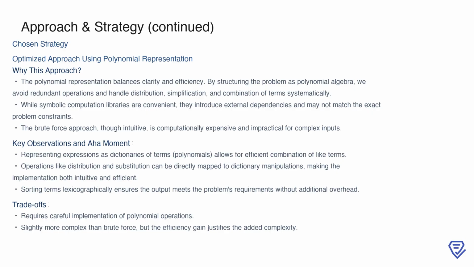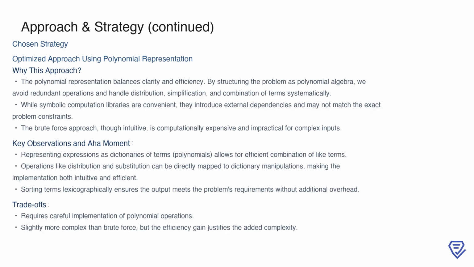By structuring the problem as polynomial algebra, we avoid redundant operations and can systematically handle distribution, simplification, and the combination of terms. While symbolic computation libraries offer convenience, they introduce external dependencies and may not align precisely with the problem's constraints. On the other hand, the brute force approach, though intuitive, is computationally inefficient and unsuitable for complex inputs.